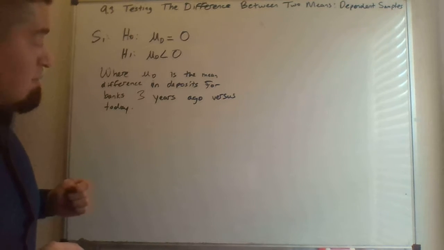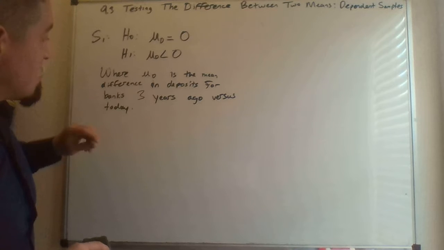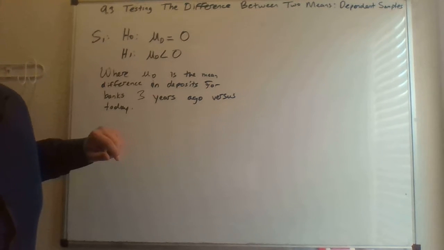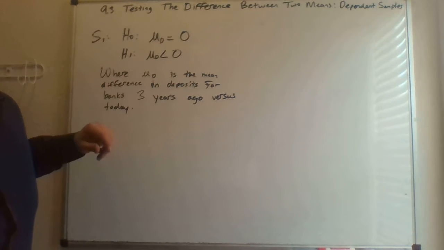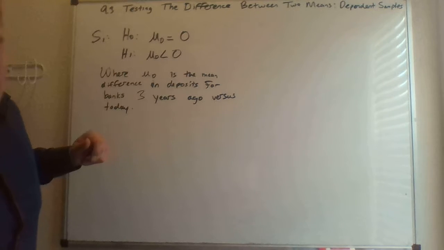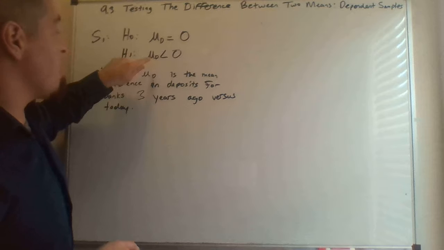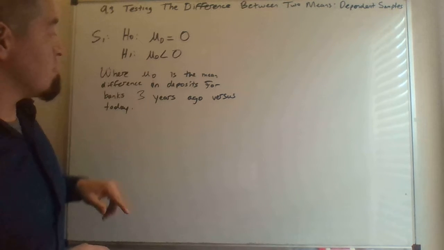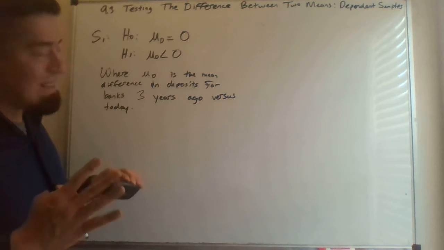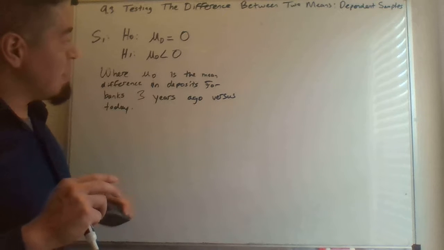Well, that's going to be a negative number. So that's what we're trying to show, that in fact it is greater today than it was 3 years ago. So you'd have to define it as the alternative hypothesis is mu sub d. Now, you could have defined this differently. I'm going to kind of go with it.